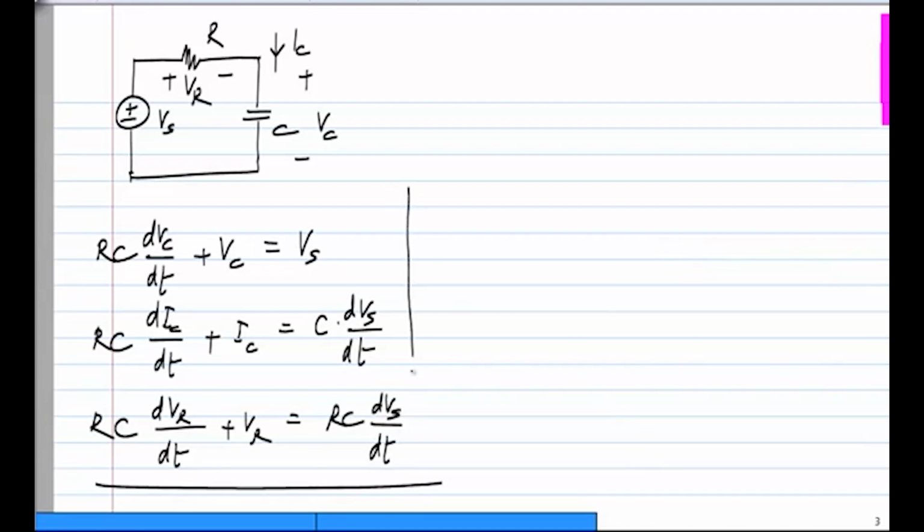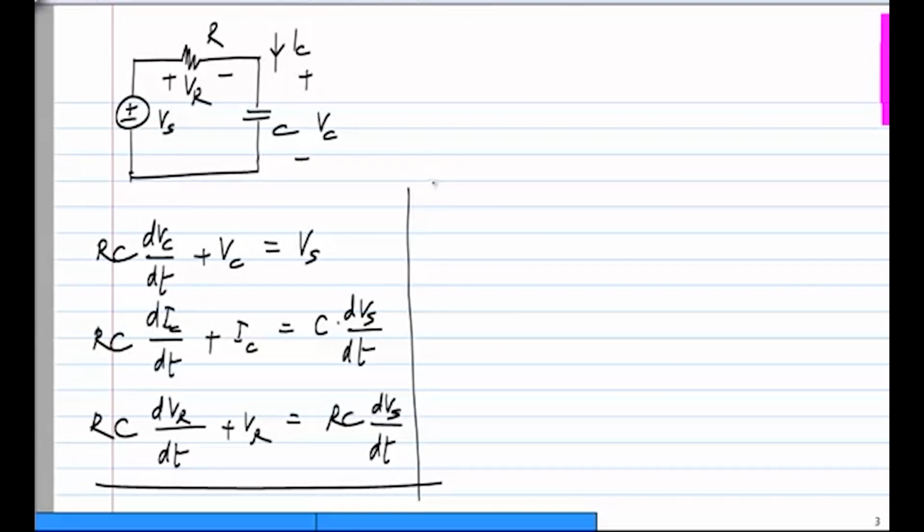And these are generally true. We have not made any assumptions. These are just the differential equations we get if we choose Vc as the variable, or Ic as the variable, or Vr as the variable. Now the thing you can notice, which I have pointed out earlier, is that the left hand side is exactly the same. So in the source free circuit, when Vs is 0, all three essentially give you the same differential equation, with the right hand sides being 0.